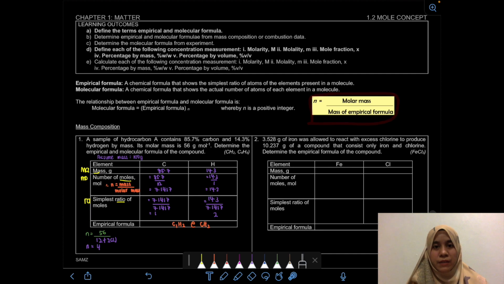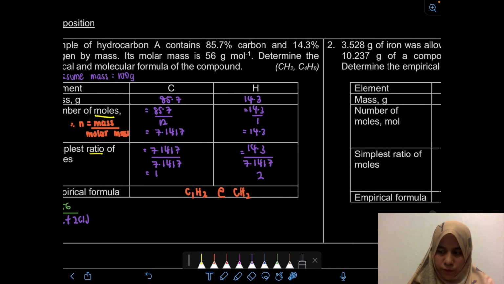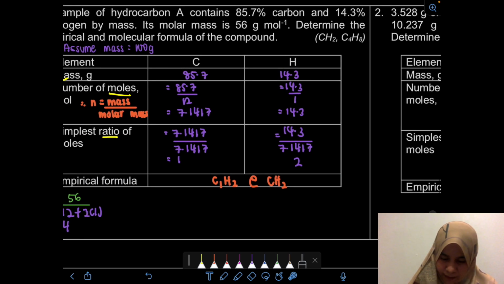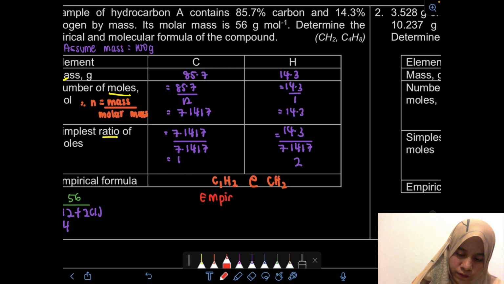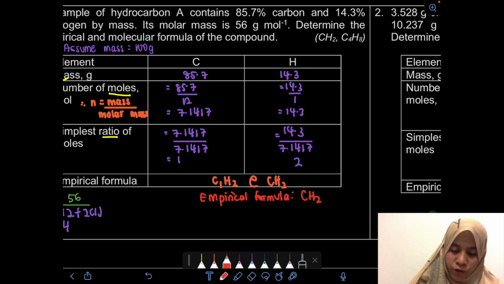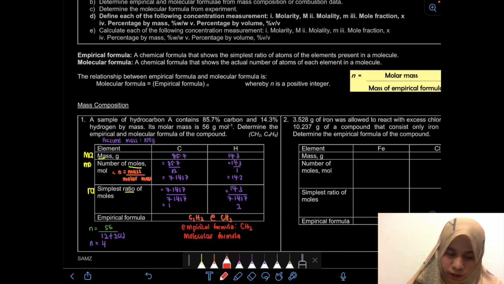So what is actually the molecular formula? Okay, so I'm just gonna write it down dekat sini. So kita tahu our empirical formula is CH2. Okay, tapi molecular formula kita is actually, okay, kita tengok kat sini.